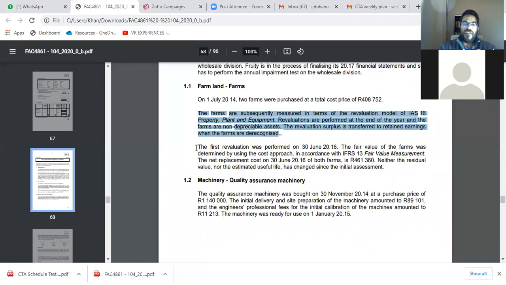As you can see, from 1 July 2014 up until 30th June 2016, there was a revaluation gain of that difference, 461 minus 408, whatever that answer is. We're going to have to see now what happens as at 30th June 2017.